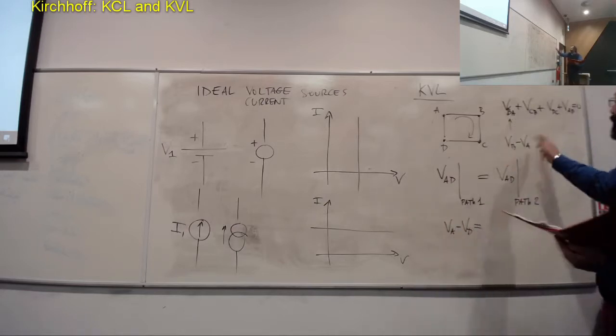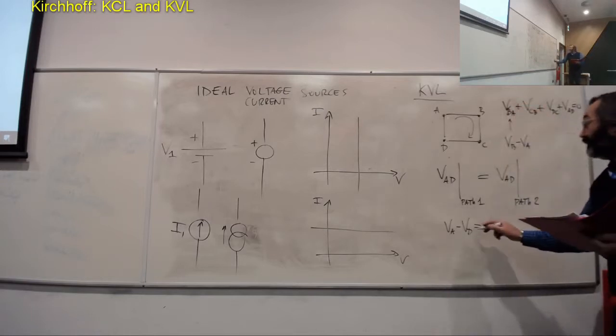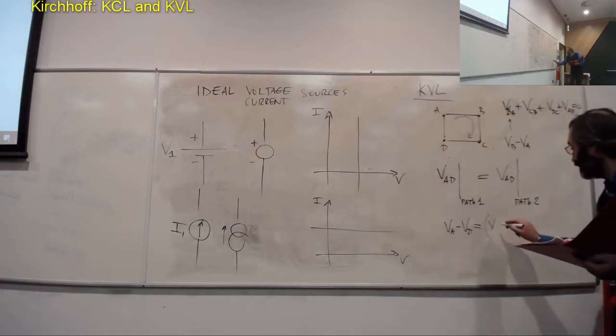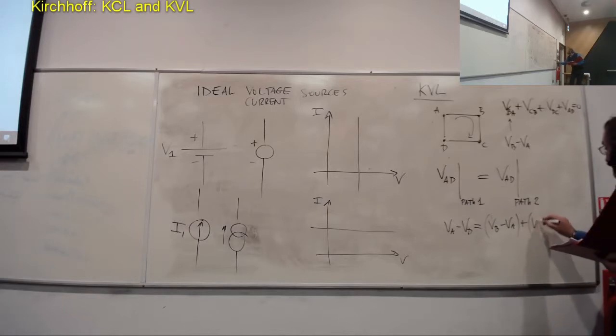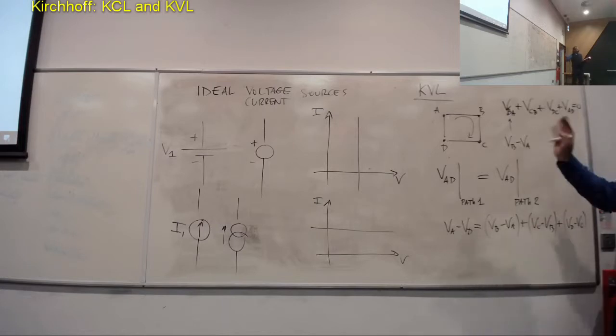I'm now explicitly breaking down what this means. It has to be equal to the first one, VB minus VA, plus VC minus VB, plus VD minus VC. Okay? So 2 ways of using the same idea.